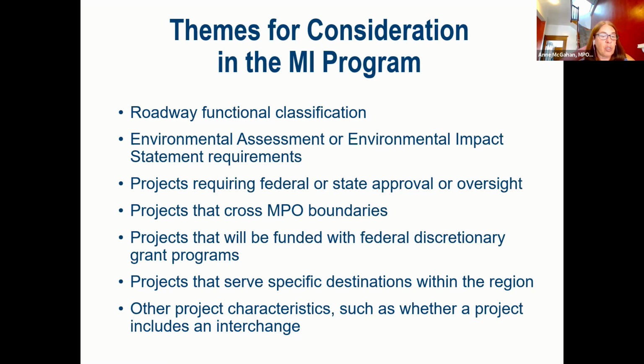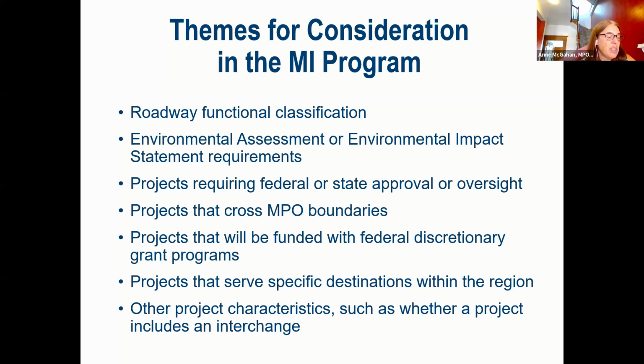They include roadway functional classification, environmental assessment or environmental impact statement requirements for projects to be listed in the LRTP, projects requiring specific levels of federal or state approval or oversight requirements for projects to be listed in the LRTP, projects that cross MPO boundaries, projects that will be funded wholly or in part through specific federal discretionary grant programs, projects that serve specific destinations within the region, and other project characteristics such as whether a project includes an interchange.